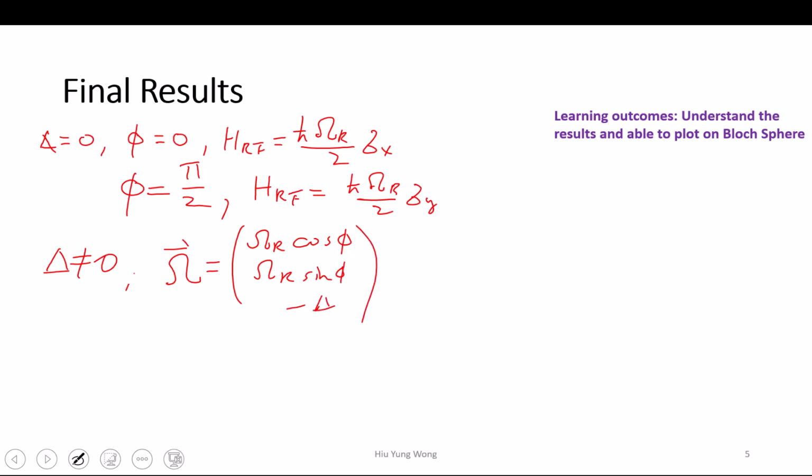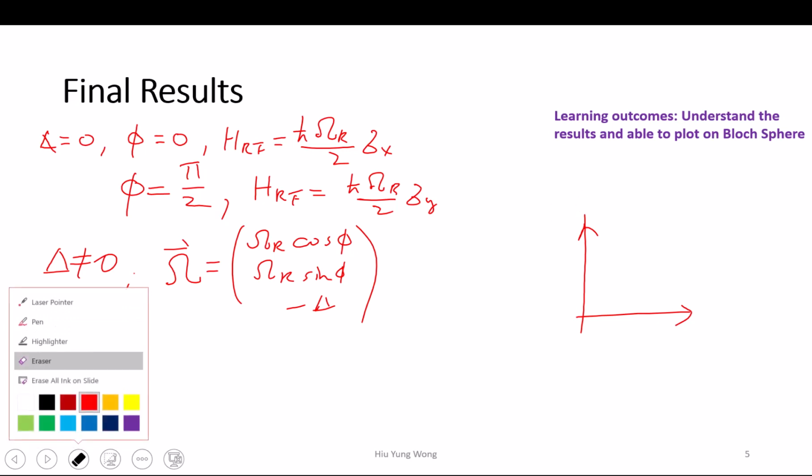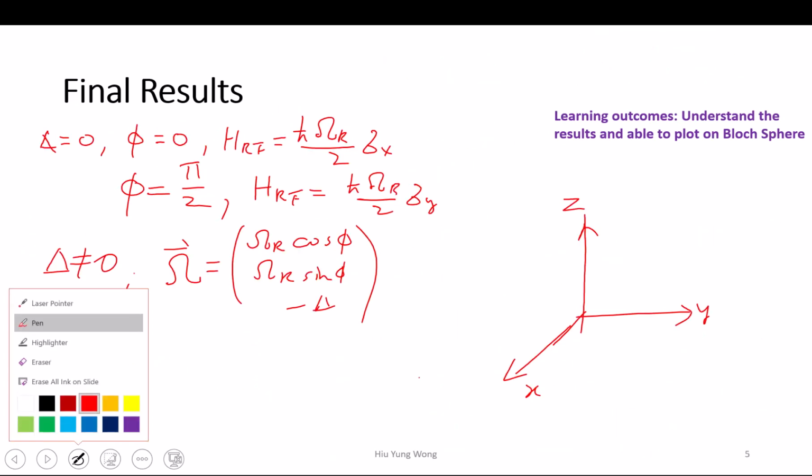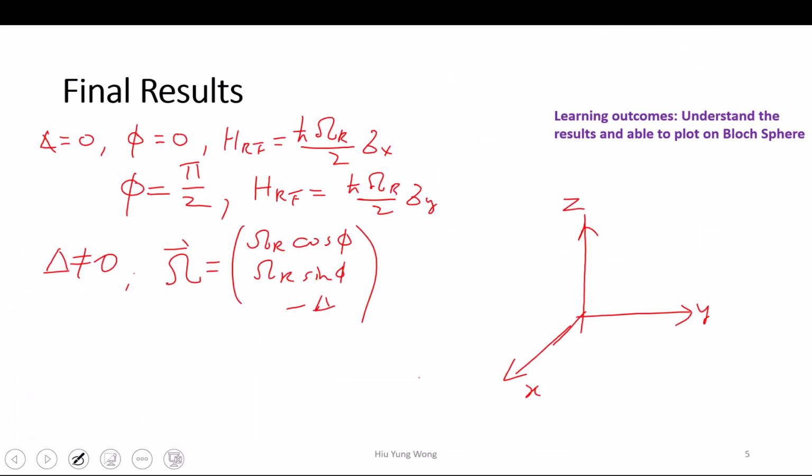Then if you draw on the Bloch sphere, this is Z, this is Y, this is X, right? And now see what color did I use? Should be the red one, but anyway. Instead of the XY plane, what do you get? You will get something going down, right? So this is a little bit difficult to see, but you will see it has a Z component.